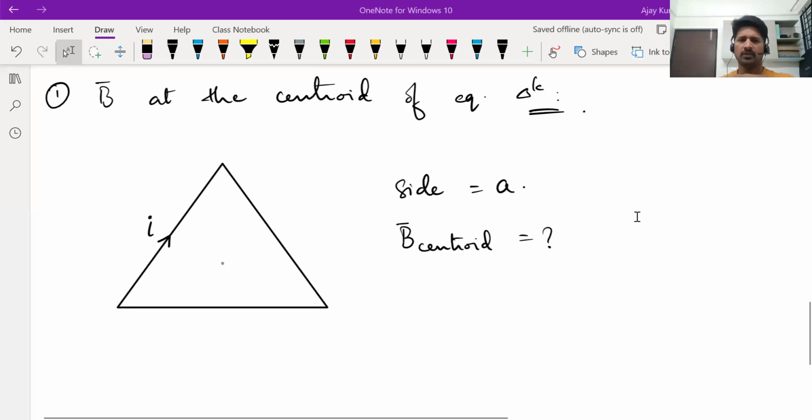Can any of you tell me how you are trying to derive this? Principle of superposition. So you are going to find out the field due to each side of the triangle and add them up as vectors. Each side of a triangle is a straight finite wire, and you know the magnetic field produced by a straight finite wire at some distance from it.